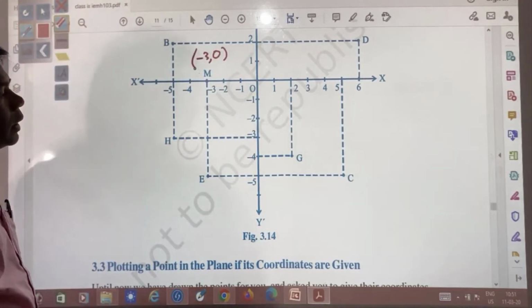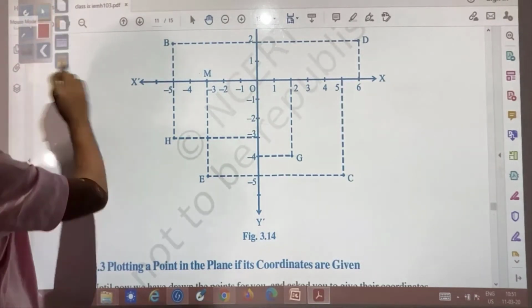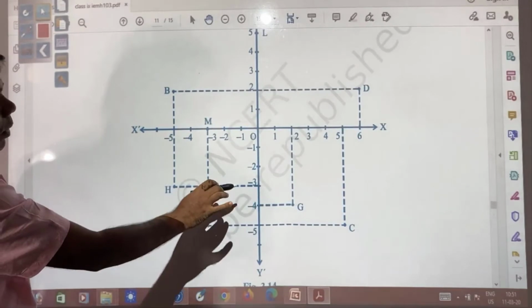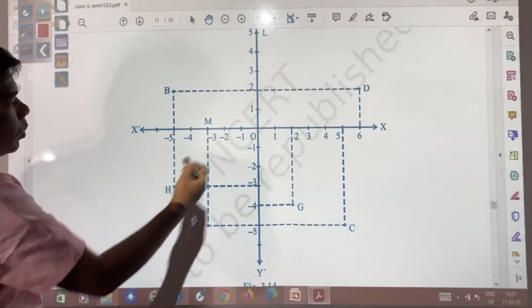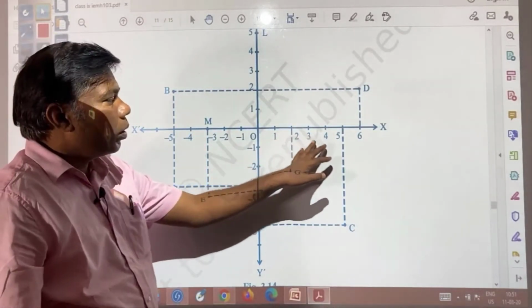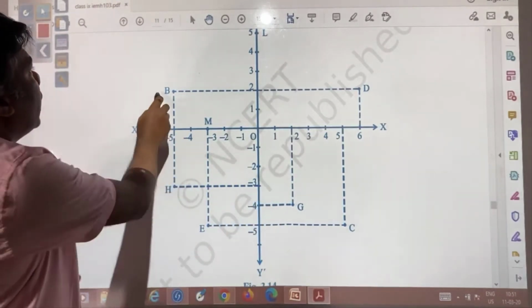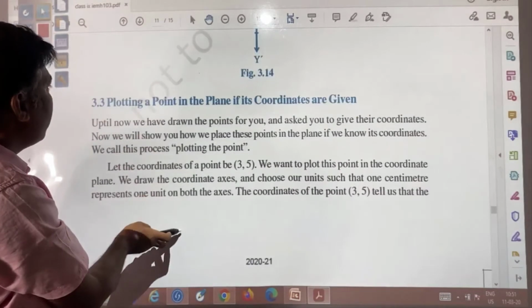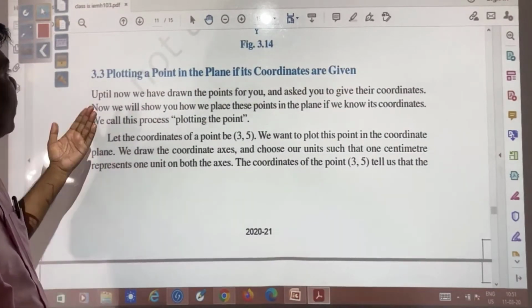So these are the coordinates. Just go through, I think you will be able to do it. Just plot on a proper graph sheet, and then find out the coordinates, you will be able to solve. And these questions you need to solve, each and every question. So I hope you will complete that.